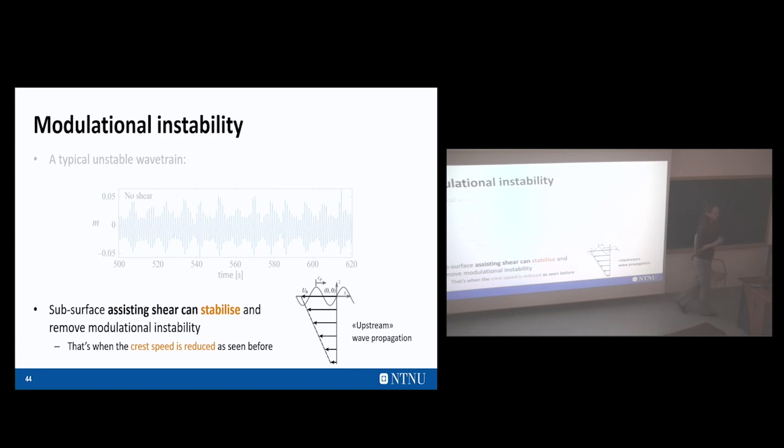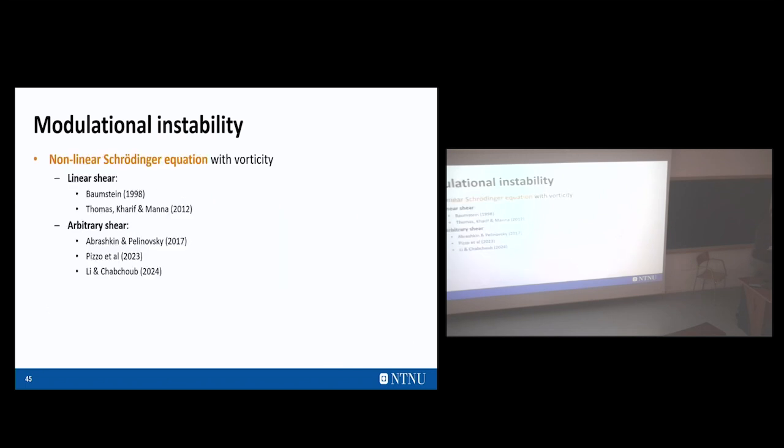And at the same time the crest speed is reduced, as is the velocity at the crest. This was shown theoretically a long time ago for the linear shear case, and then for arbitrary shear. These are some papers. Nick Piso's the real expert on this, as he is on many things.